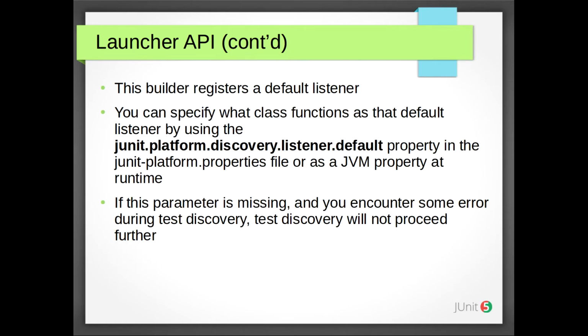This builder registers a default listener if you do not register any other listeners. You can specify what class functions as the default listener by using the junit.platform.discovery.listener.default property in the junit-platform.properties file, or as a Java virtual machine property at runtime. And so I'm going to give you 15 seconds to write out junit.platform.discovery.listener.default.